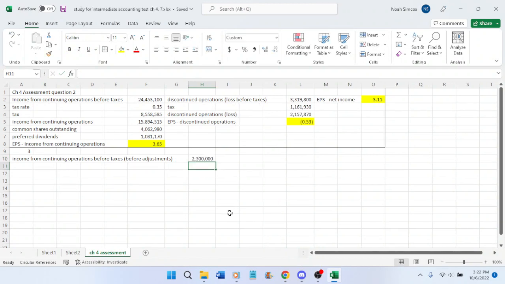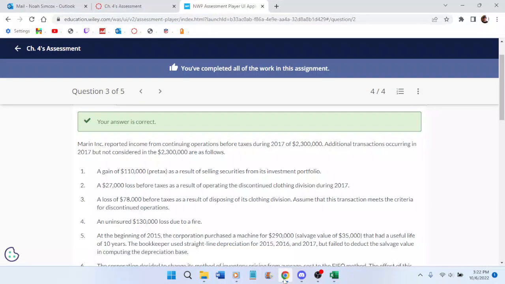There. Now, what we will do is make all the adjustments we need.